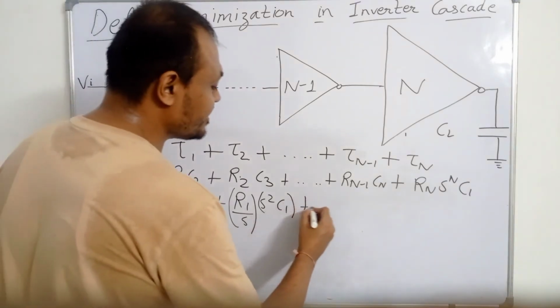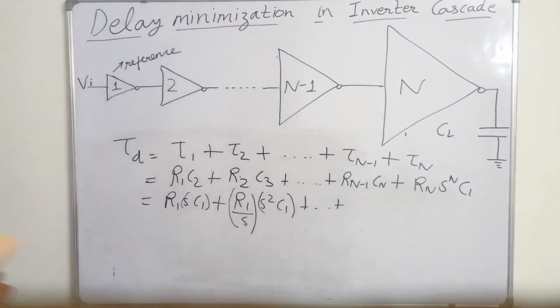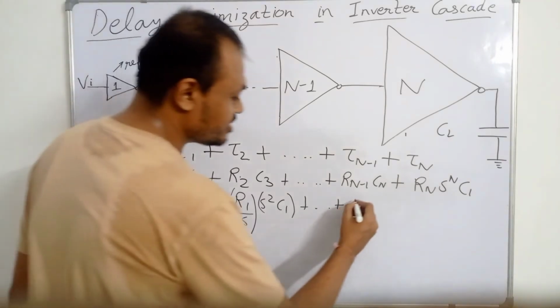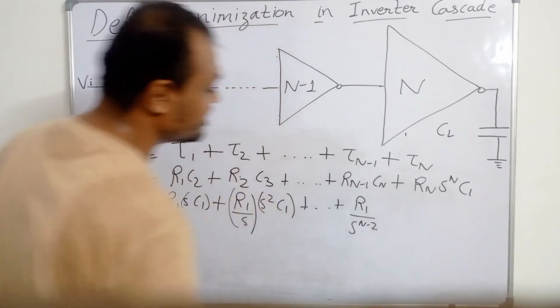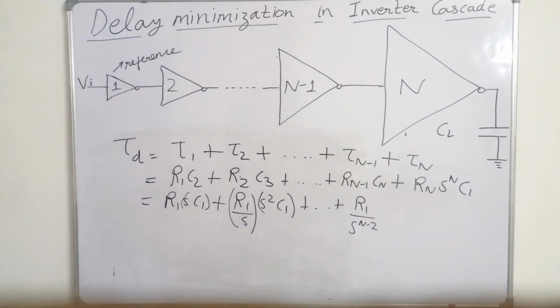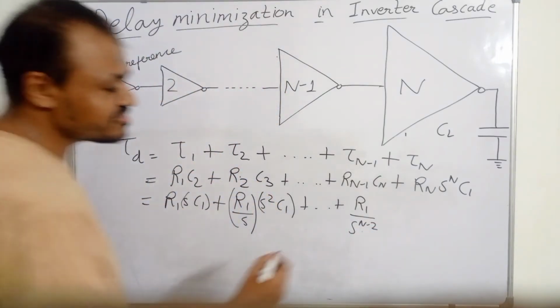Then Rn minus 1 will be equal to R1 upon s to the power n minus 2. Then this Cn will be equal to s to the power n minus 1 into C1.